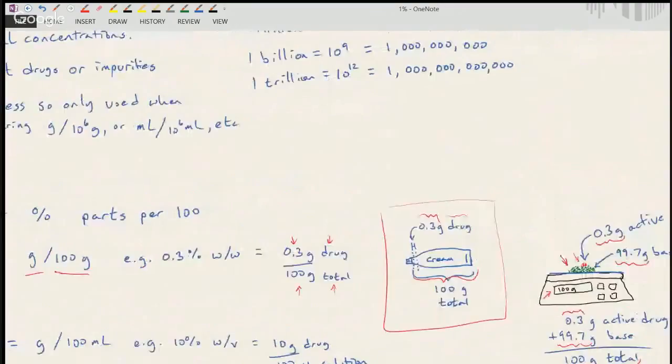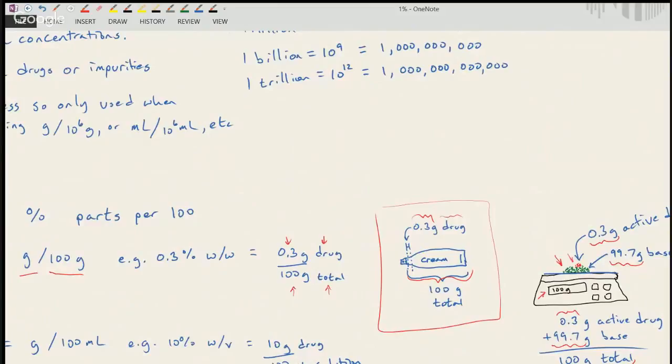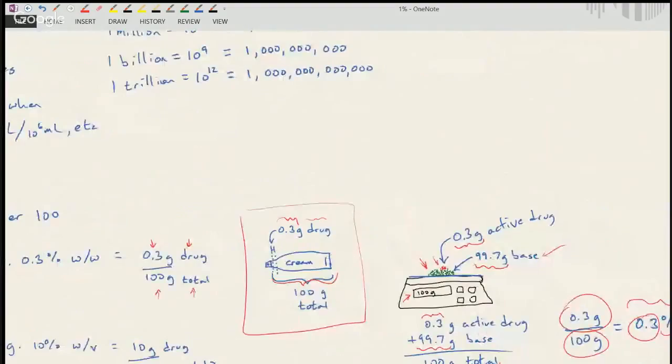And that's the ratio. If you were to have 500 mLs total, then in order to calculate how much of the active drug you have, you would take 20 mLs per 100 mLs.